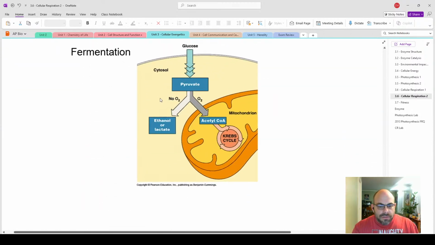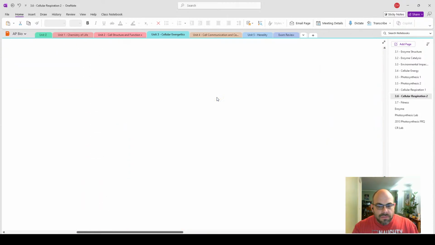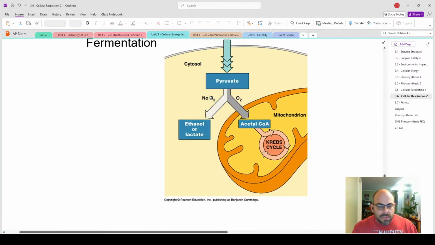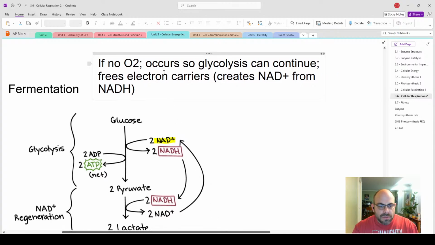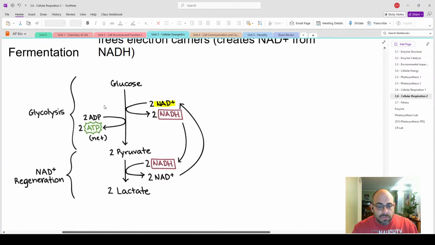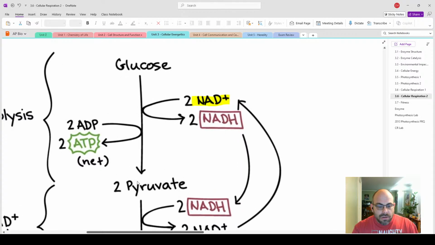Enter fermentation. If there's no oxygen, then there's this other process. The purpose of fermentation, well, I've got it written down here in no uncertain terms. It occurs so that glycolysis can continue. It frees electron carriers, creates NAD+ from NADH. Again, here's glycolysis, glucose to pyruvate, NADH, ATP.